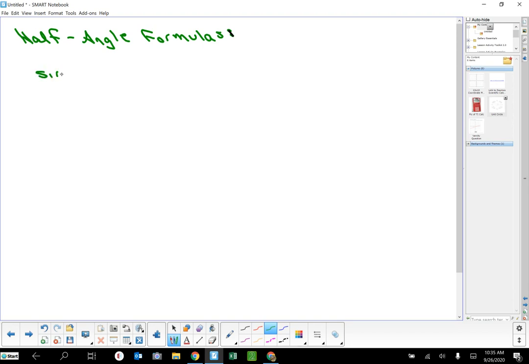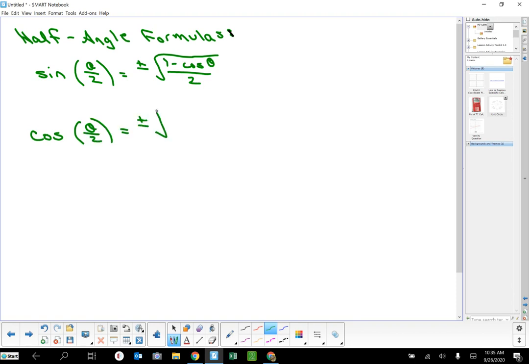So we have sine of theta over 2, and that equals plus or minus the root of 1 minus cosine theta over 2, and make sure your root extends all the way over the entire thing. Cosine of theta over 2 is plus or minus the root of 1 plus cosine of theta over 2. And then tangent of theta over 2 has 3 of these.